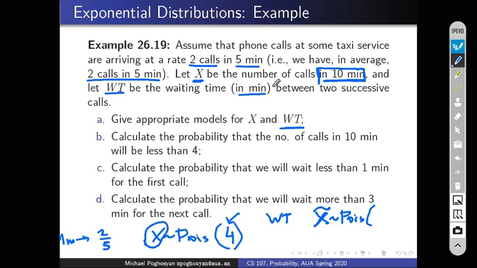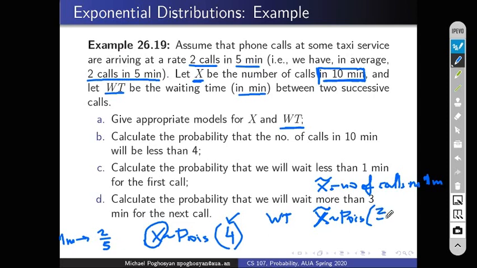Our x was calculating the number of calls in 10 minutes, but let x tilde calculate the number of calls in 1 minute. Because we have 2 calls in 5 minutes, in 1 minute we have 2/5 calls.